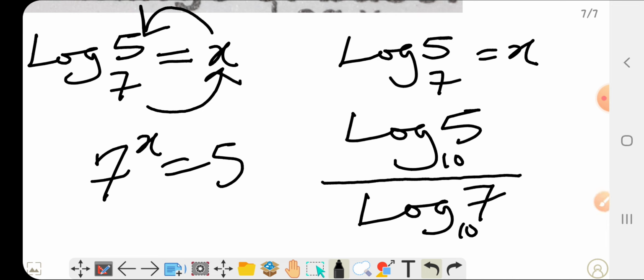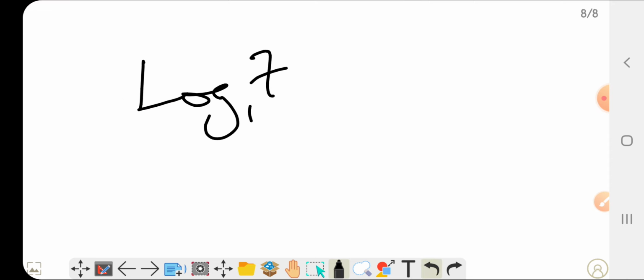Base 10 is the common logarithm, and if a particular logarithm is in base 10, you can use your calculator to further evaluate that number. For example, imagine if you have log 7 base 10 and log 7 base 2.